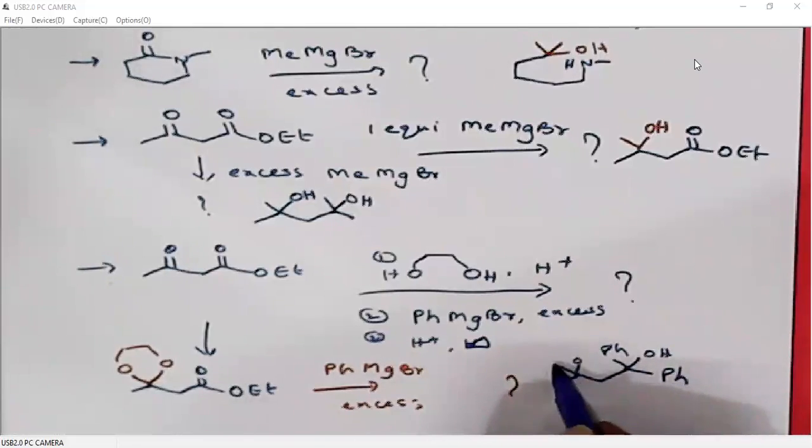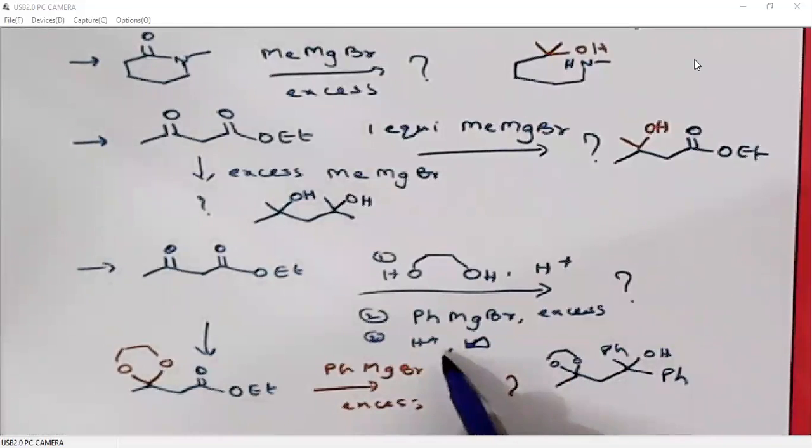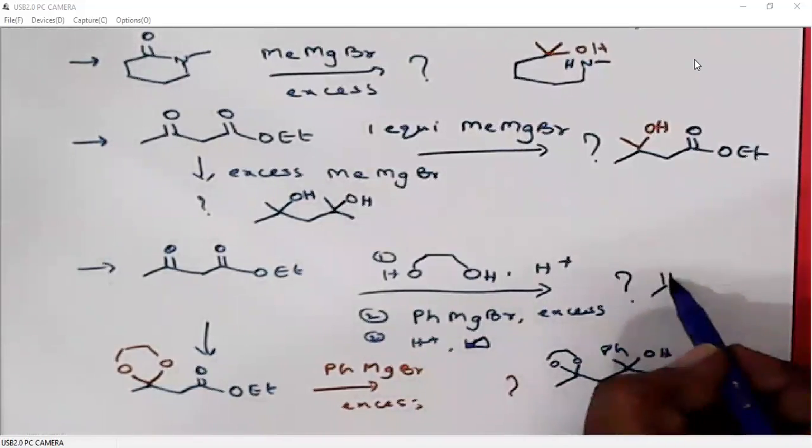So we will get a tertiary alcohol of this kind. When we treat this under acid and thermal conditions, this acetal will undergo deprotection, so carbonyl will be regenerated. Then this alcohol will undergo dehydration to give this product.